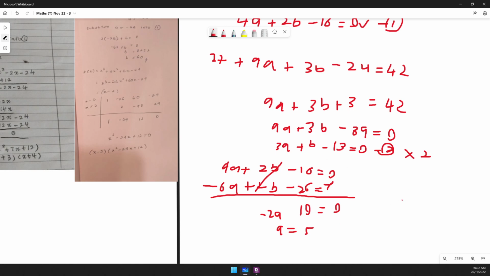Then we know 3a plus b equals 13. Since a equals 5, 15 plus b equals 13, b equals negative 2. These are the answers.